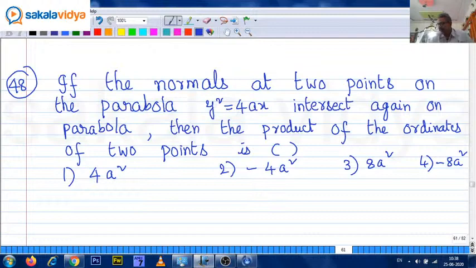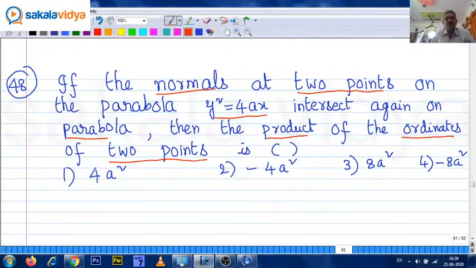Product of the ordinates means product of the y coordinates of P and Q. So let us solve this problem.